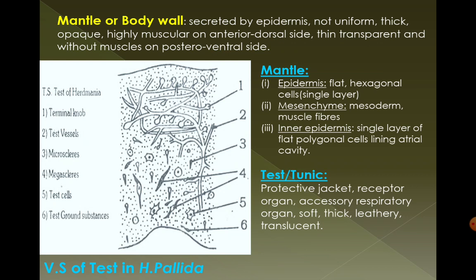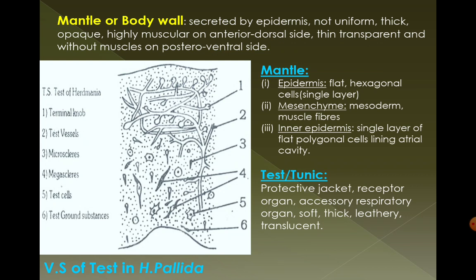Now next to the mantle is the test or the tunic, which acts as a protective jacket that protects this Herdmania from predators, and it is this test which gives a particular shape to the body of Herdmania. It also acts as a receptor organ because it contains some nerve cells.